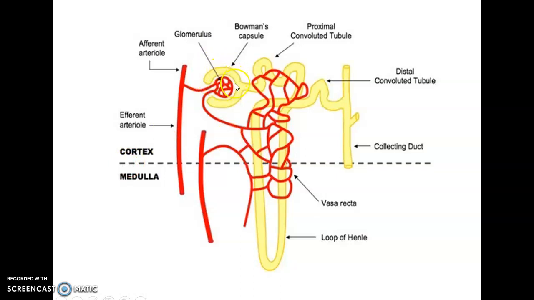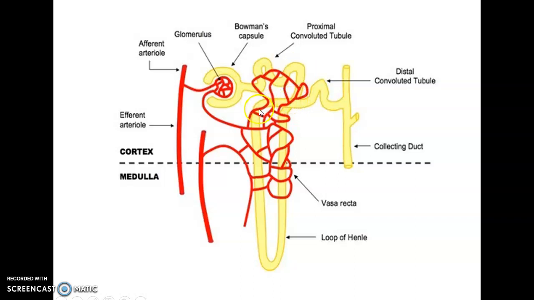The renal tubule consists of the Bowman's capsule, which is the initial part of the nephron. The Bowman's capsule then continues further to form the next part, which we call the proximal convoluted tubule.